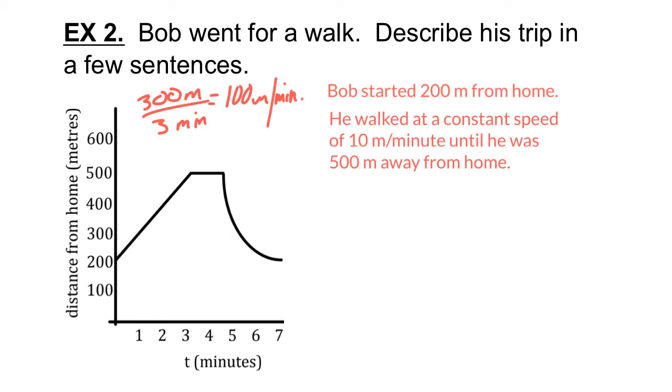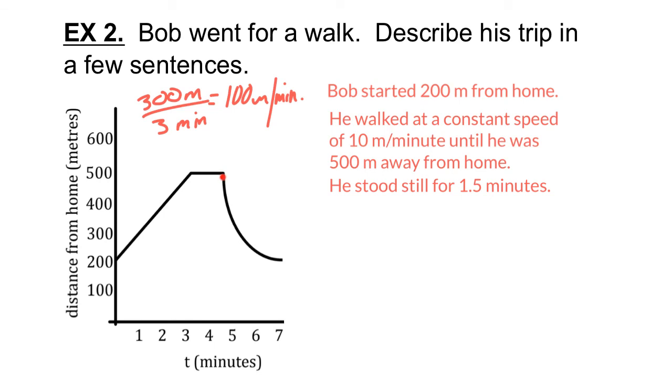What happened next? Well, his distance is not changing, but the time is. So from 3 to 4.5 minutes approximately. So for the next minute and a half, he's not moving. He stood still for 1.5 minutes.